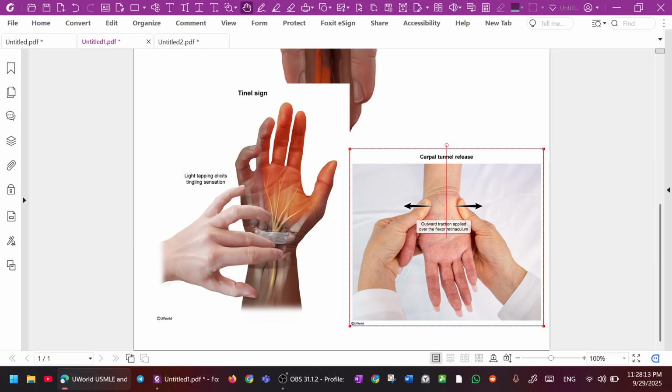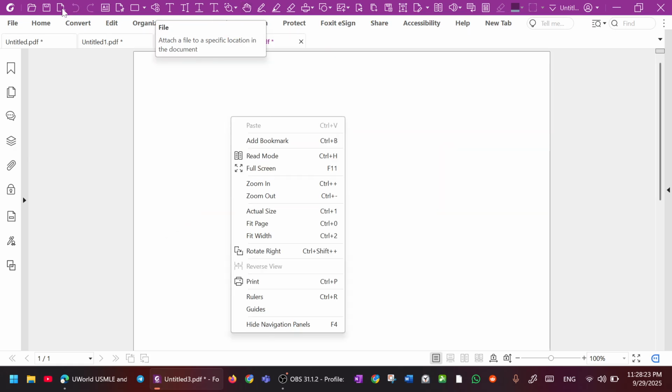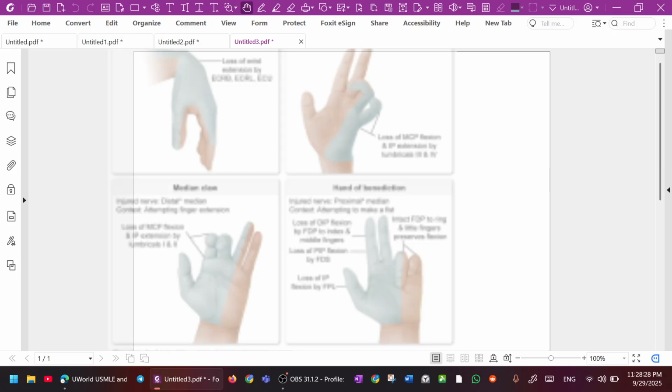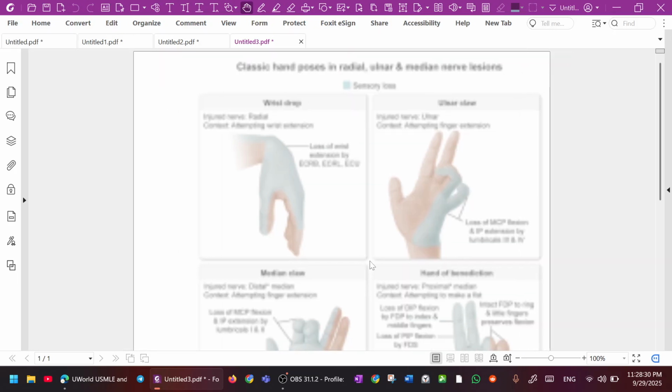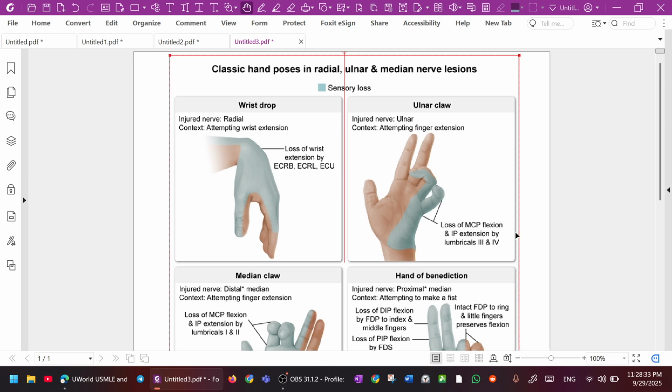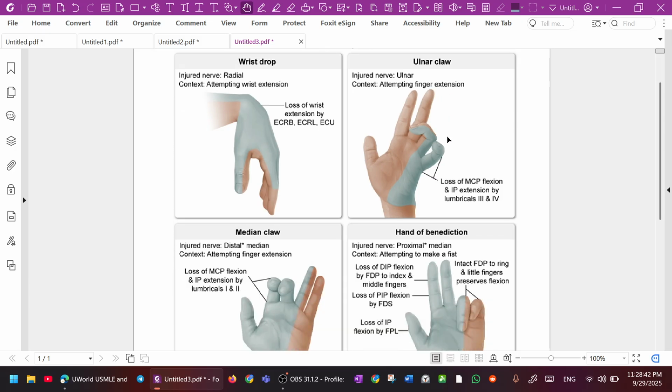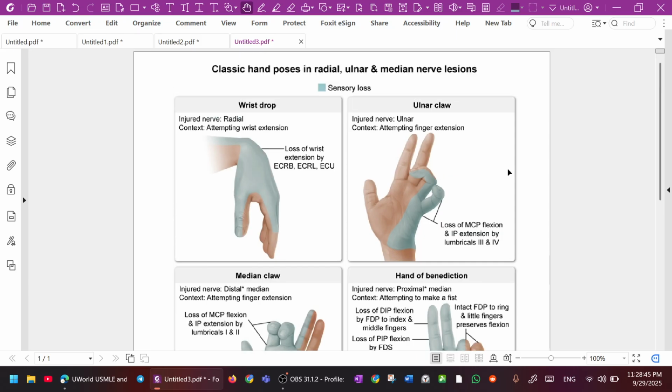So if we look at this classic picture, this is a very ideal picture I would like to talk about. Look at this picture. Also, classic hand poses in radial, ulnar, and median nerve lesions. So these are classic hand poses.